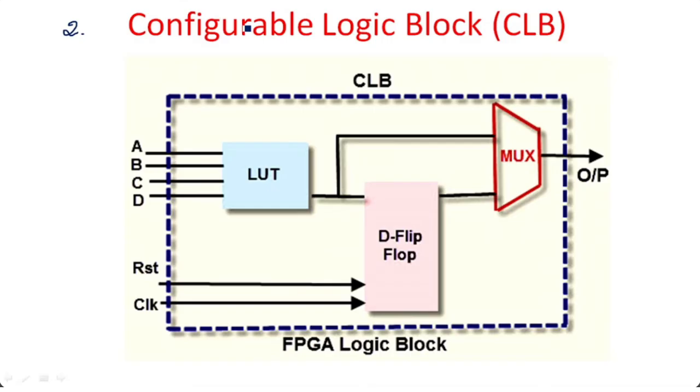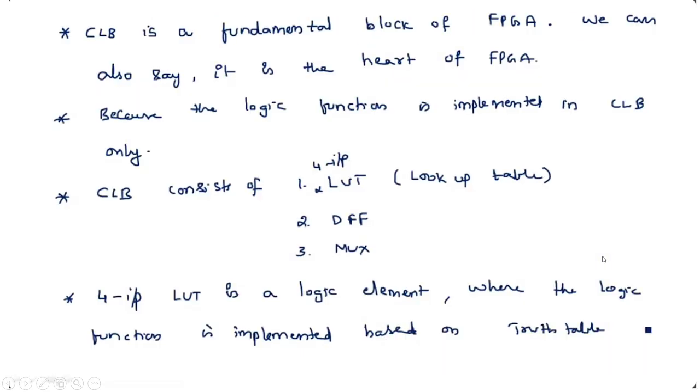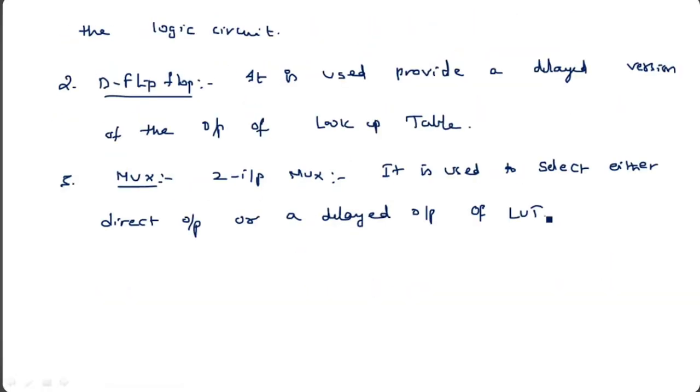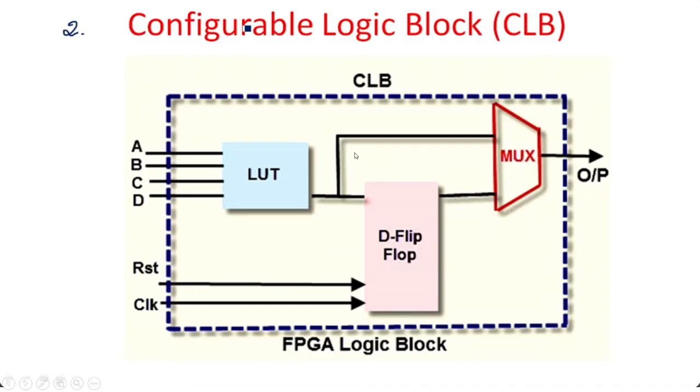Okay, this is the output of the mux. Next, the mux has two inputs, so it selects either a direct output or the delayed output of the LUT.